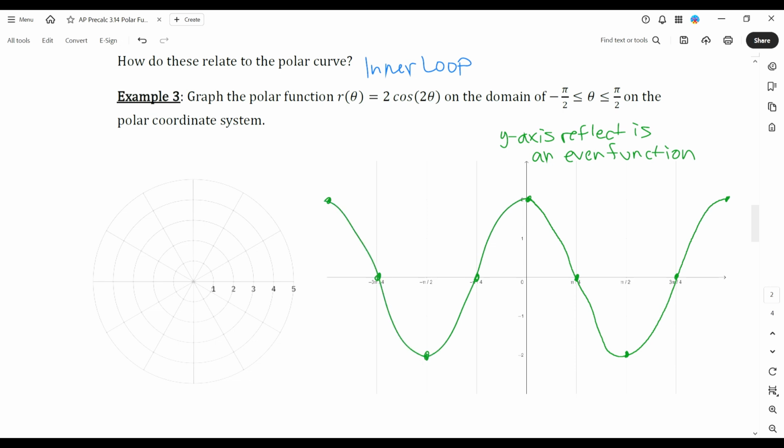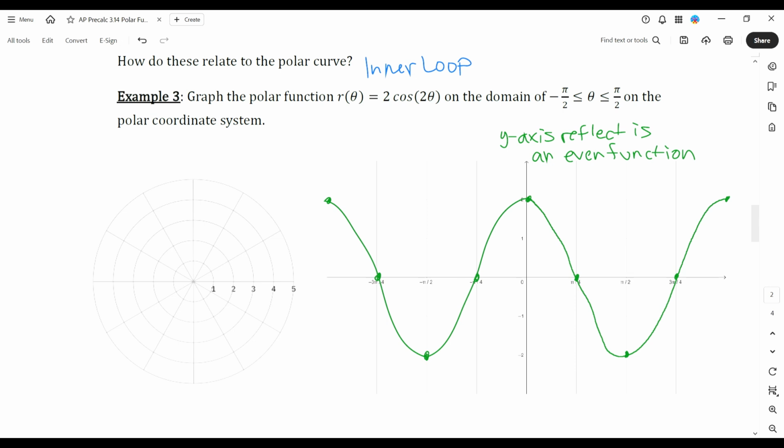Now, I think it's done. One reason drawing this graph is helpful is that it can help me recognize what points I'm going to plot on the polar graph. We're just doing from negative pi over 2 to pi over 2.